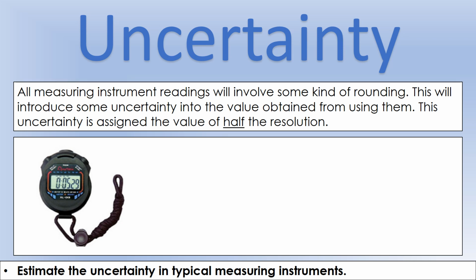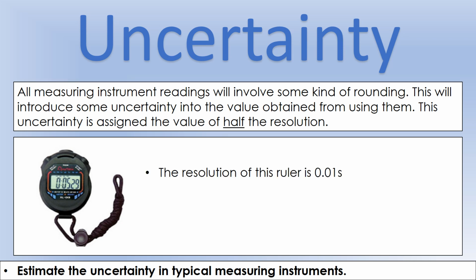That's what we call the resolution of the measuring instrument, the smallest measurement division you can get. So on the stopwatch, it's 0.01. We assign the uncertainty of half of that, because anything that's half the resolution above or half the resolution below would all be rounded to the 5.29 seconds.